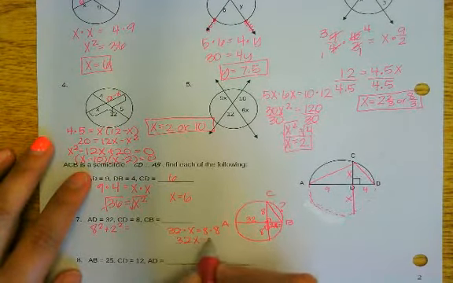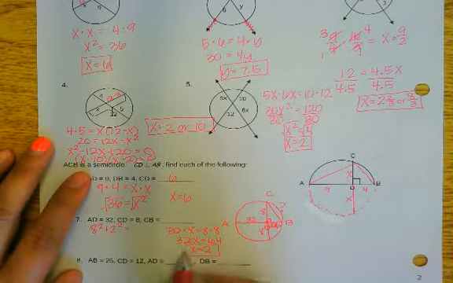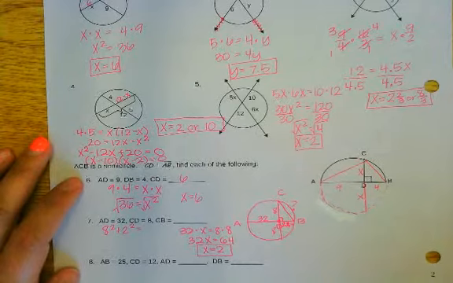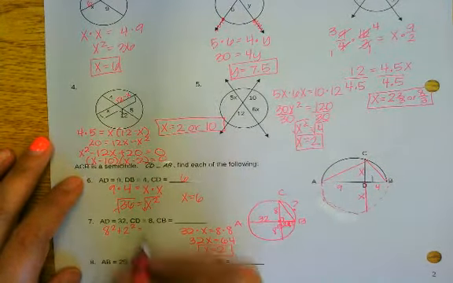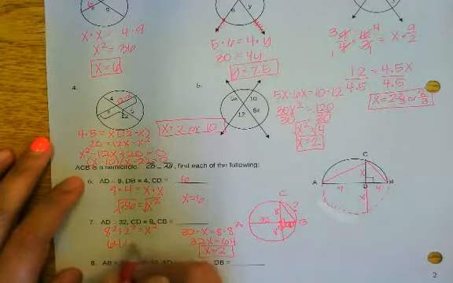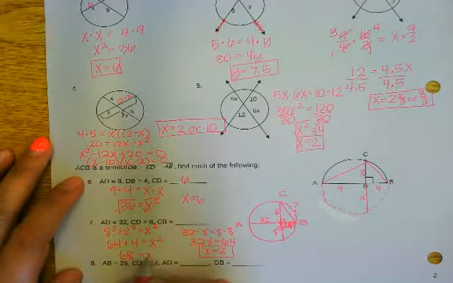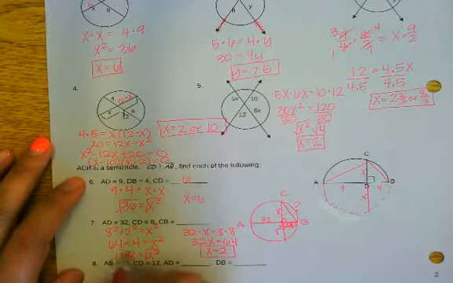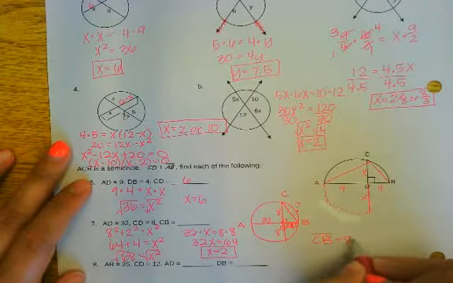X equals 2. That's to get this piece in order to do the Pythagorean theorem. So 64 plus 4 equals x squared. 68 equals x squared. So what does x equal, or CB? 8.25.